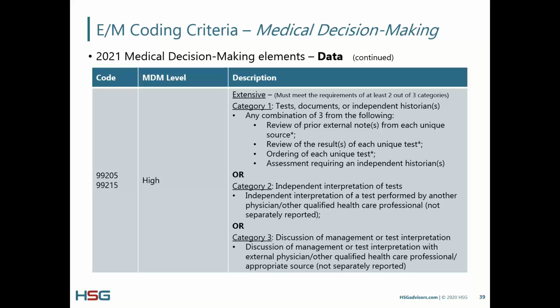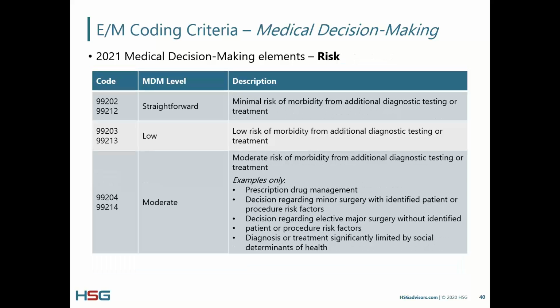So again, so far, problems, find your spot on the list. Data, find your spot on your list, and then go down to risk. The risk comes basically from your intervention or your plan and what the risk is. So if you don't change a whole lot of things, you're going to be in a level 2.